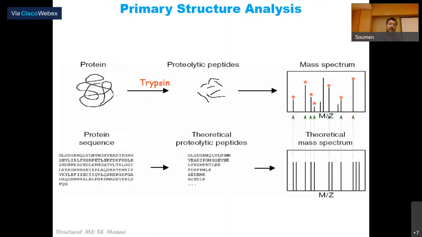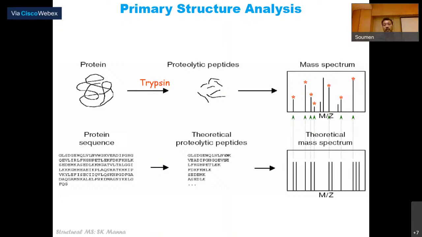And now that we know that trypsin cuts basically on arginine or lysine, therefore, if you have a given protein theoretically, we will know what sort of trypsin digests you expect. So what will be the precursor masses, the overall peptide masses that you expect.